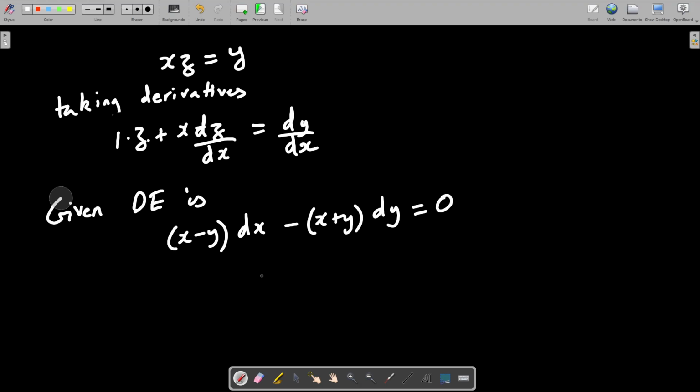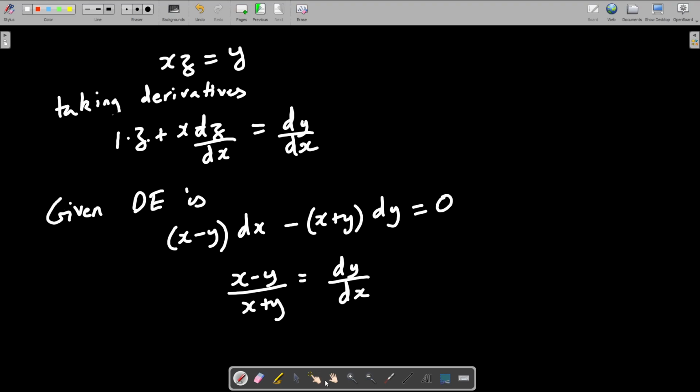First we'll write it in the form dy by dx, taking this that side. By rearranging the terms, this is what I get. I took this on the other side and then I brought the denominator back and took dx down. If you want, I can show that step. So this is what we get.